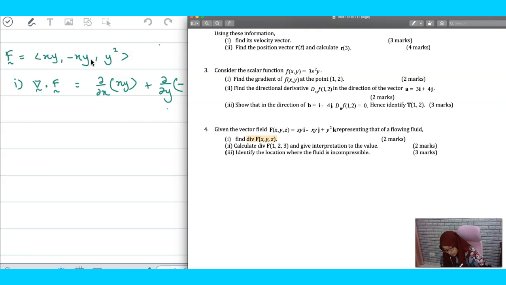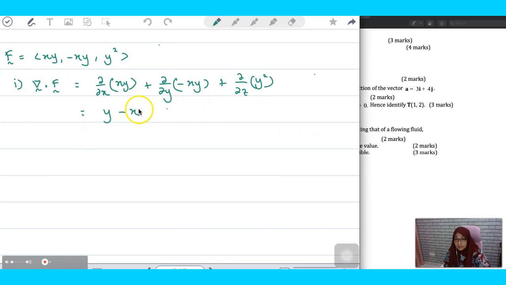Okay, and you will get y minus x plus 0. Okay, so that is your divergence. Which means that you differentiate this with respect to x, you get y, differentiate this with respect to y, you get minus x, and differentiate this with respect to z, and this is 0.